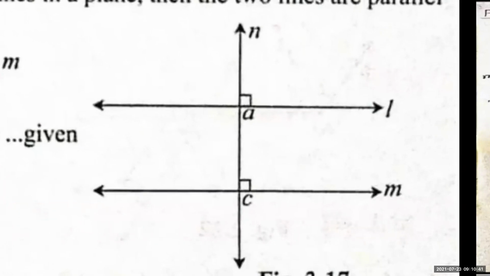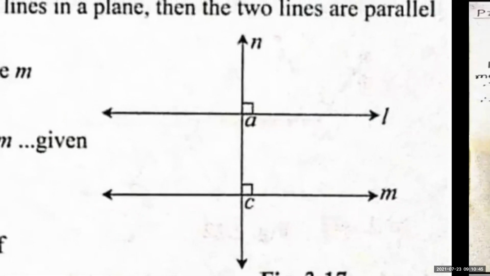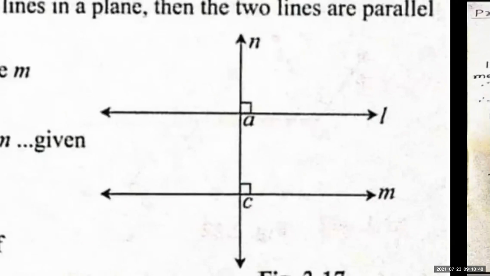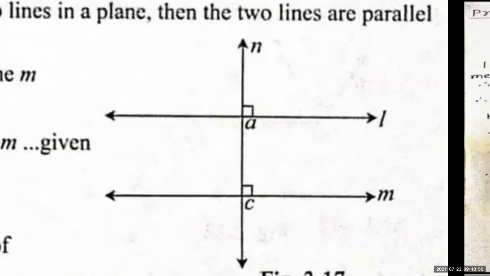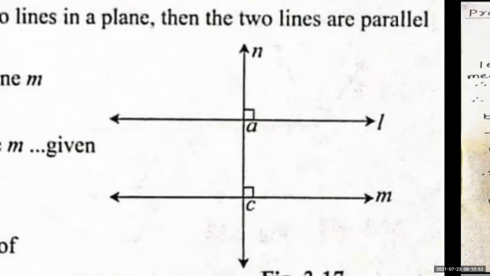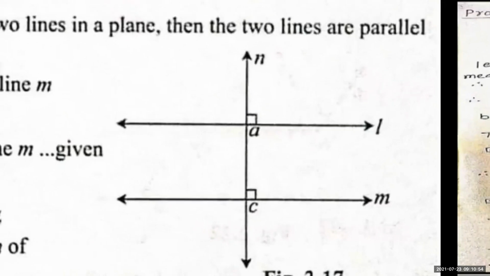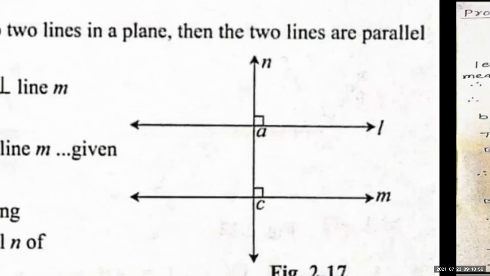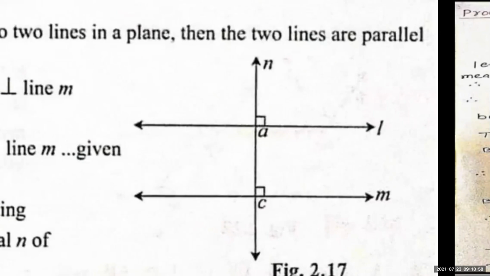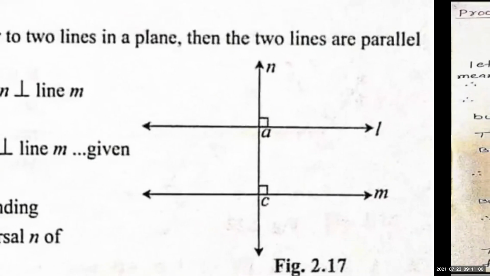Okay, so line N is perpendicular to the other two lines, line L and line M. So in this case, those two lines are parallel to each other. We have to prove that.